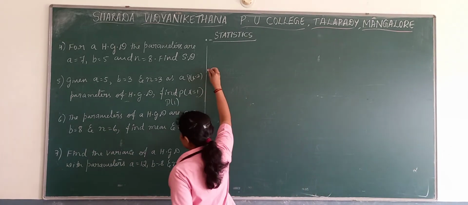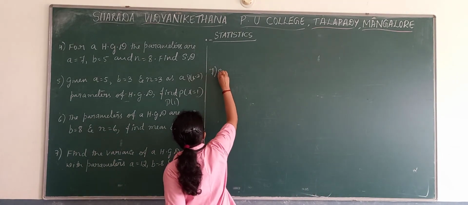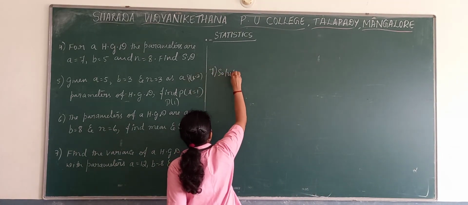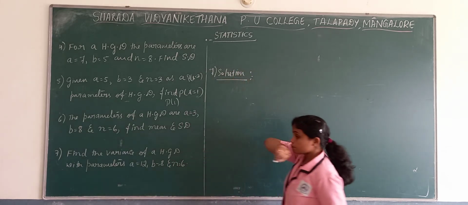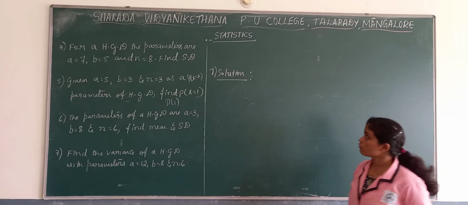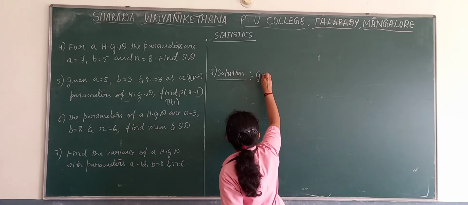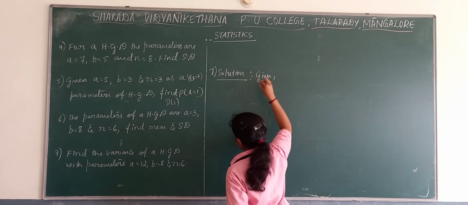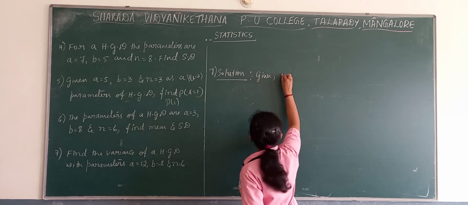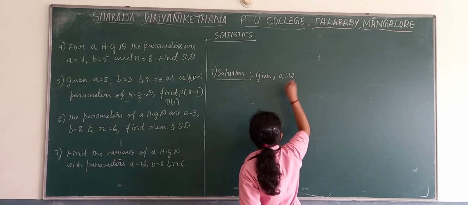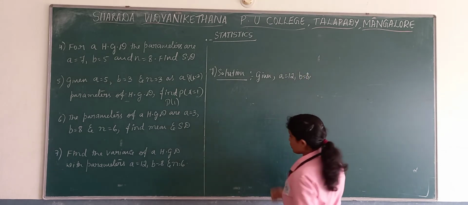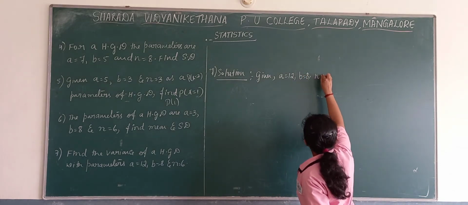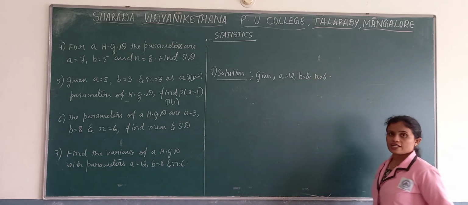Now, the seventh one. In this form, you have to write the solution. Then write the given values: a is equal to 12, b is equal to 8, n is equal to 6.